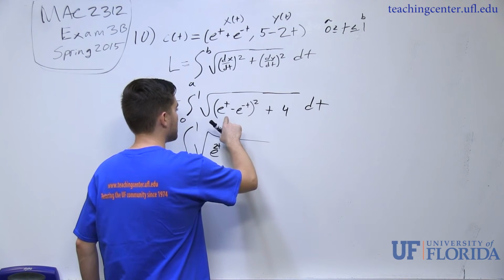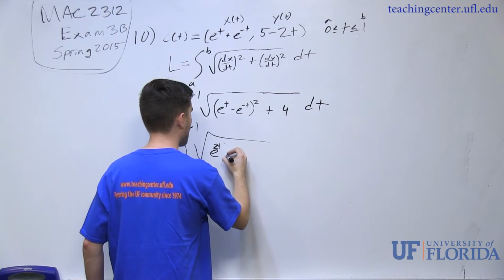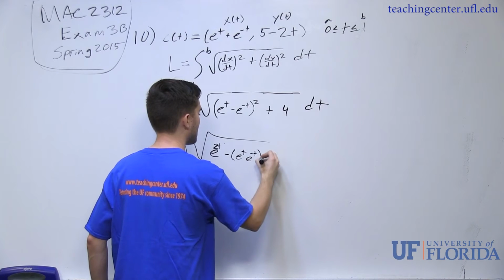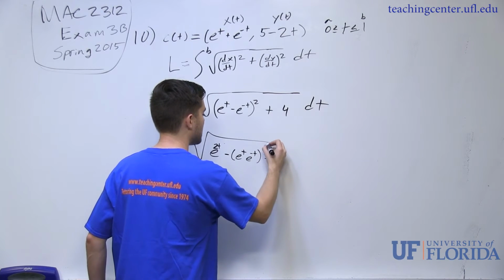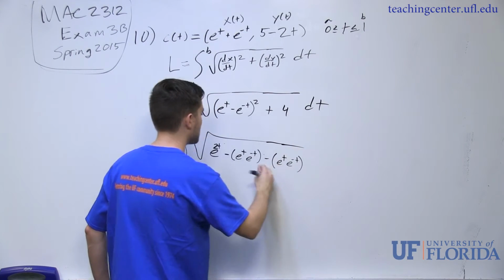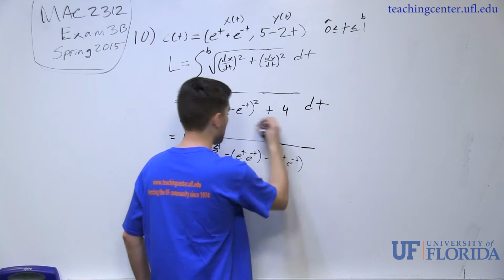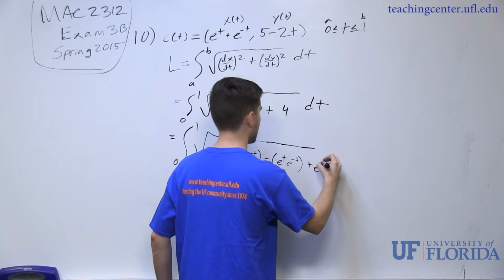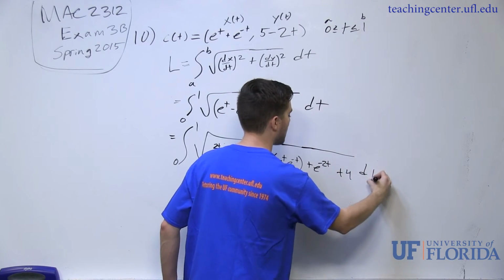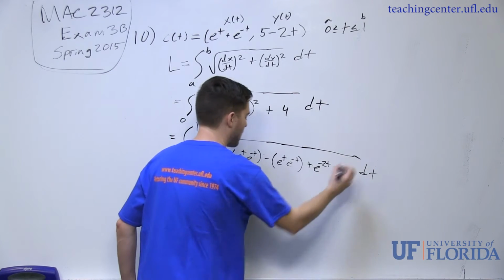My middle terms become e to the t times negative e to the negative t, so minus e to the t, e to the negative t. And then there's also another term in there, e to the t, e to the negative t. So first, outer, inner, and now the last term will be plus e to the negative 2t. And then I have my plus 4 inside here.